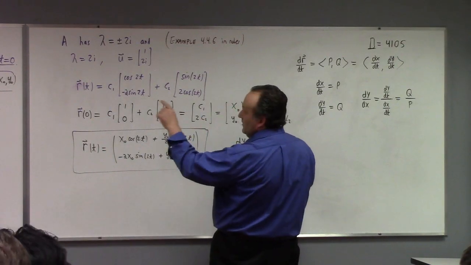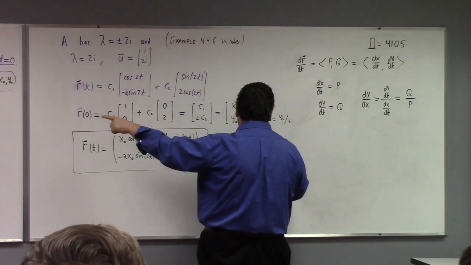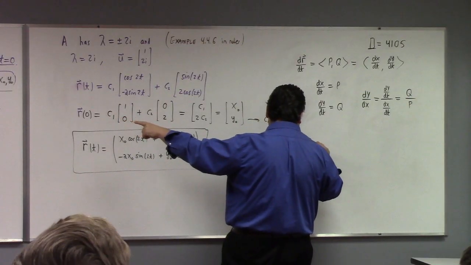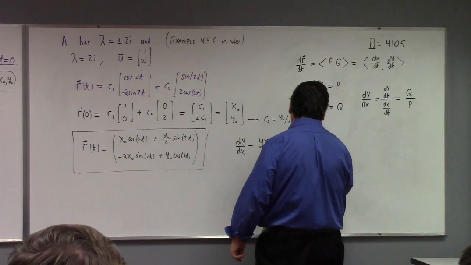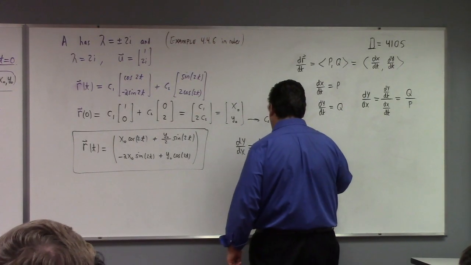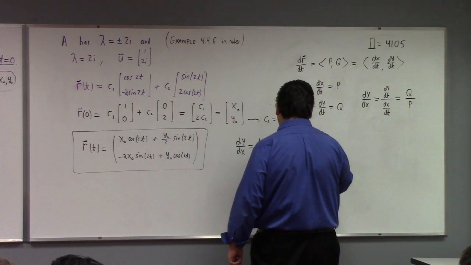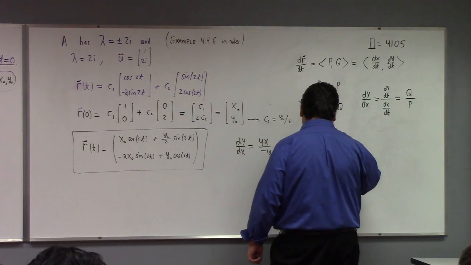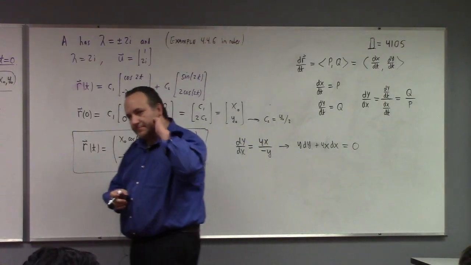Now here q was 4x and p was minus y, right? So we separate variables. You got yourself minus y dy plus, let me write it this way, y dy plus 4x dx is equal to 0, right?